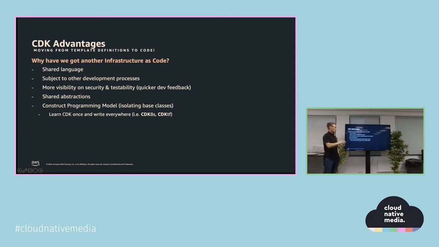So we have third parties that have already integrated with this or are using the construct programming model, such as CDK8s, which is our Kubernetes using CDK. And then we've got CDK for Terraform. But any third party that is using a complex declarative language and wants to abstract can go in and use that construct programming model.